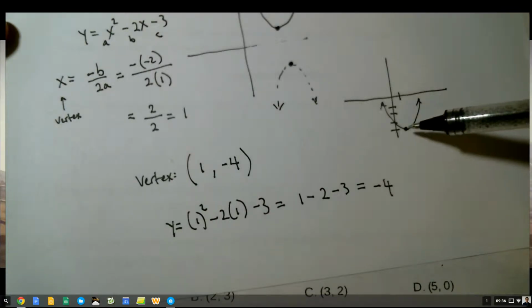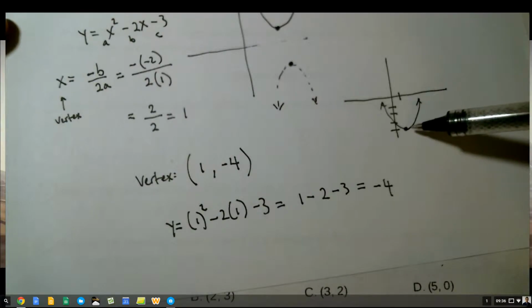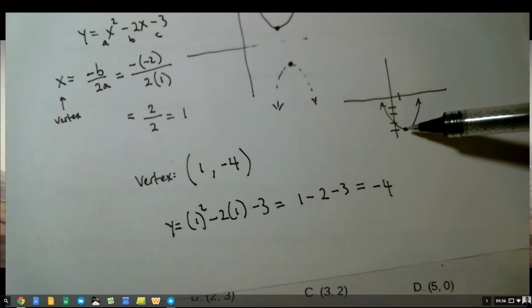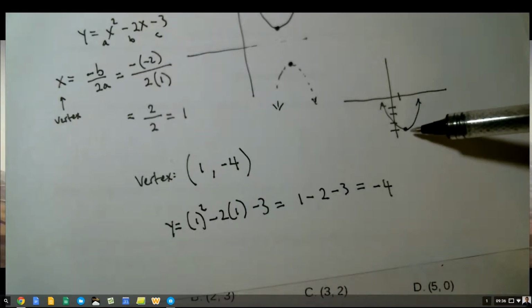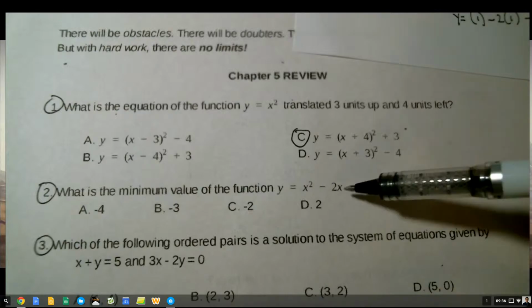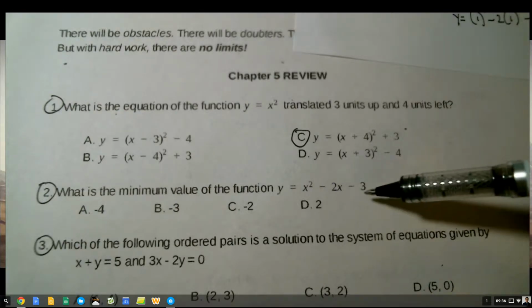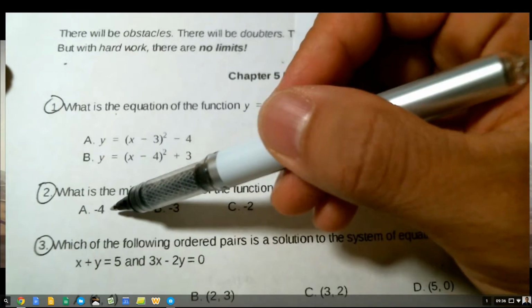What would this value be? What is the minimum value? It would be negative 4, because that's the lowest it goes, negative 4 for the y value. So what is the minimum value of the function y equals x squared minus 2x minus 3? It would be negative 4.